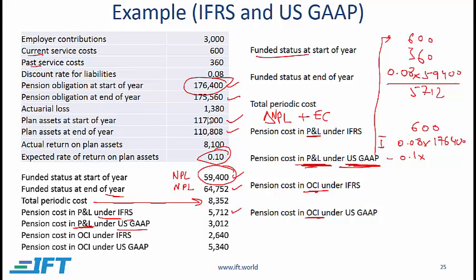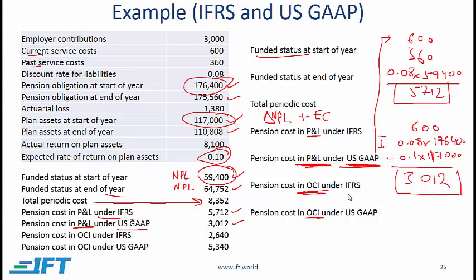The plan assets at the start of the year equal 117,000. This plus this minus this should give us 3,012. So this is an expense. Notice that here the pension expense shown in the P&L is higher under IFRS than it is under US GAAP.